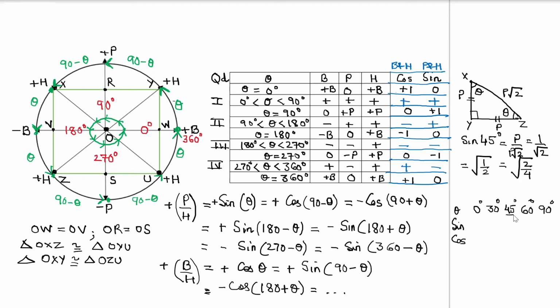So 45 degrees becomes the hinge point of discussion because 45 degrees makes a right angle triangle, an isosceles right angle triangle.